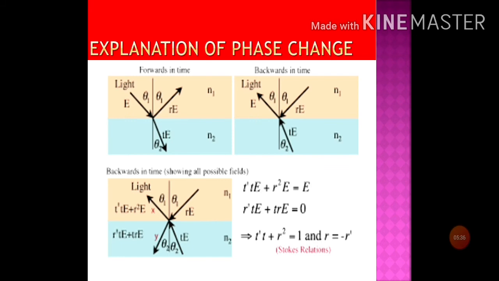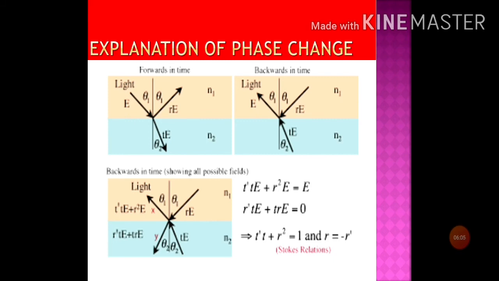Also in a similar way, if I consider TE as the incident wave, then it will also produce two waves. The first one is reflected. The reflected wave will be in medium 2 itself, and its amplitude will be TE multiplied with R dash, because it is the reflected part but it is in medium 2. That is why I have multiplied it with R dash.